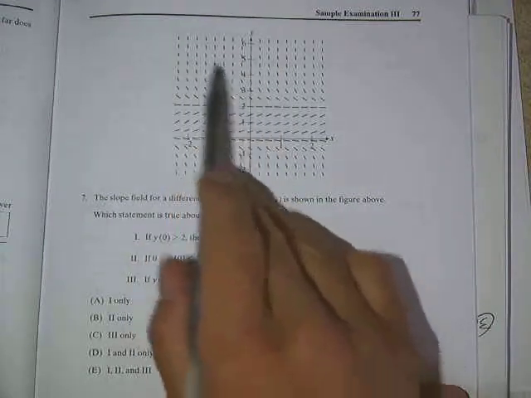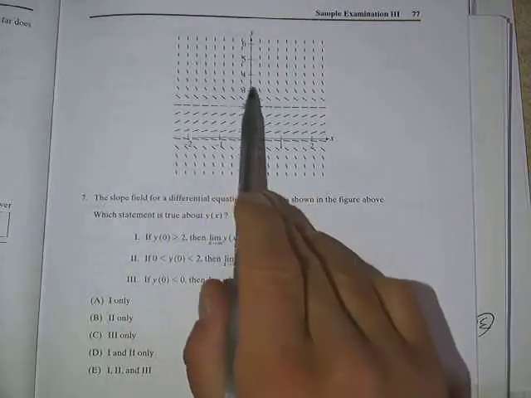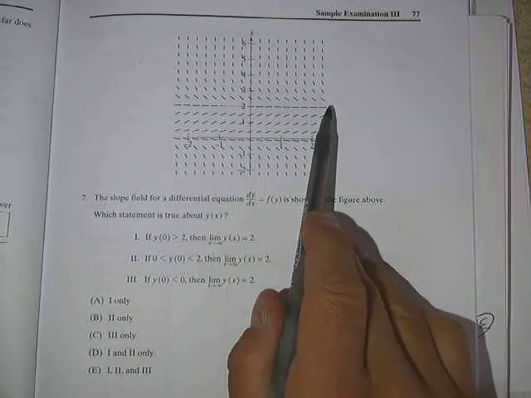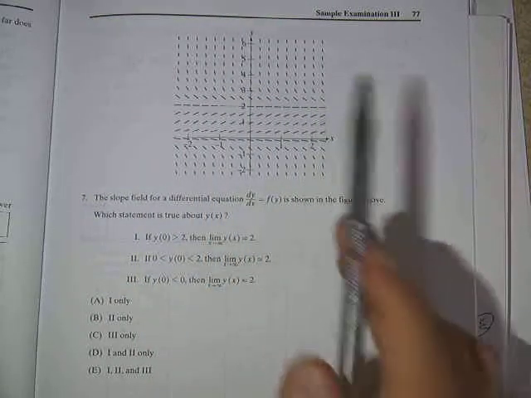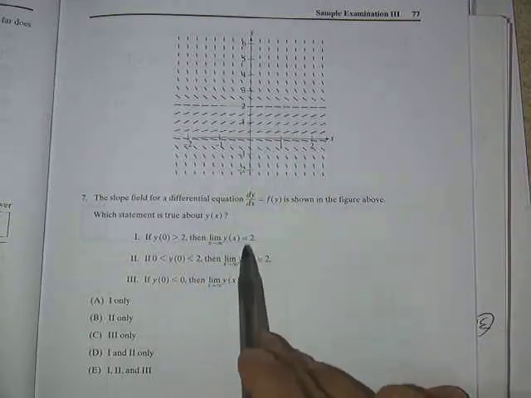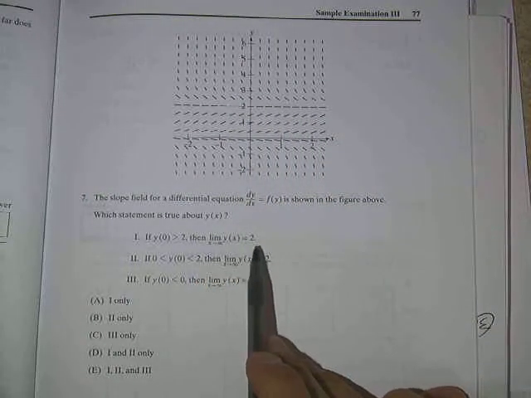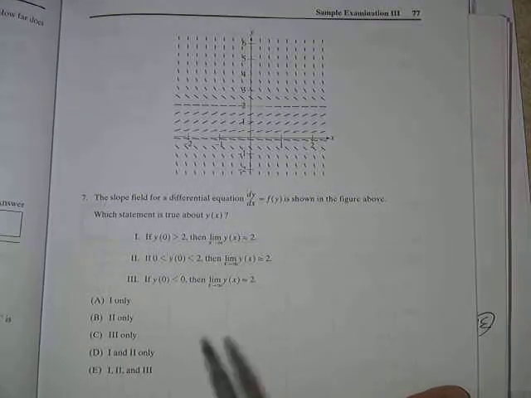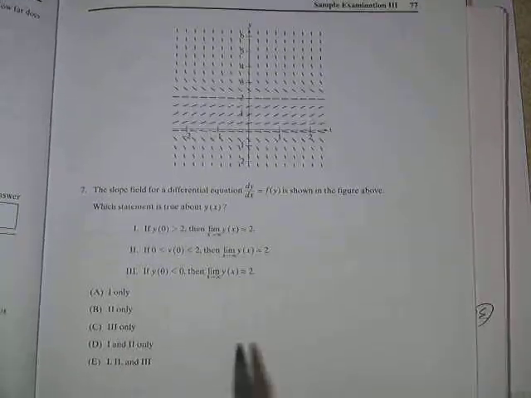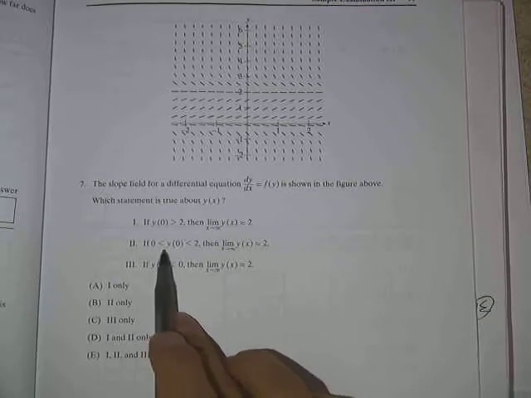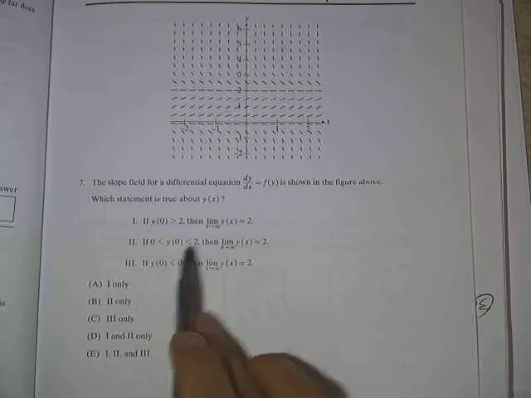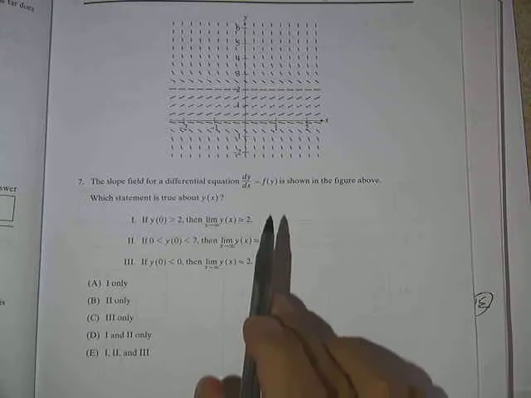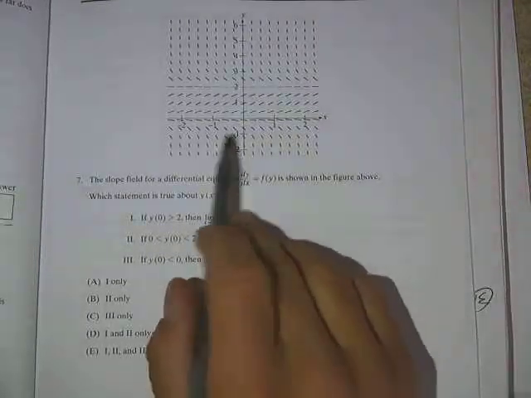Keep in mind, if our y values are greater than 2, then the limit is 2. Well, let's look here. Here's 2. If we look at the curves greater than 2, as we go to the right, they get closer to a horizontal line, and the horizontal line happens to be 2, just like it says, isn't it? So would this be a safe bet then?